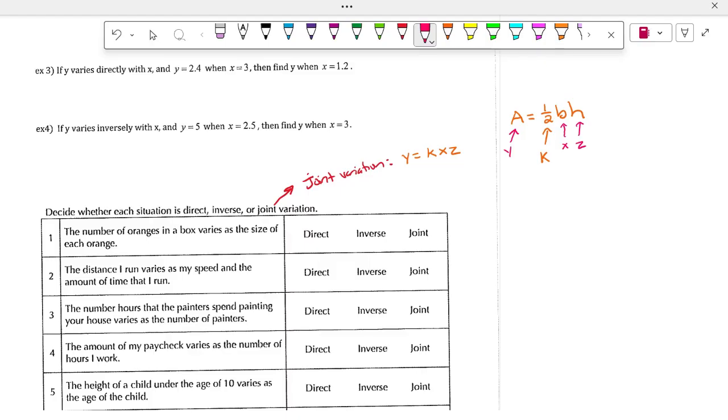So let's say that we had a base of 10 and a height of 2. And obviously that area is going to be 10.